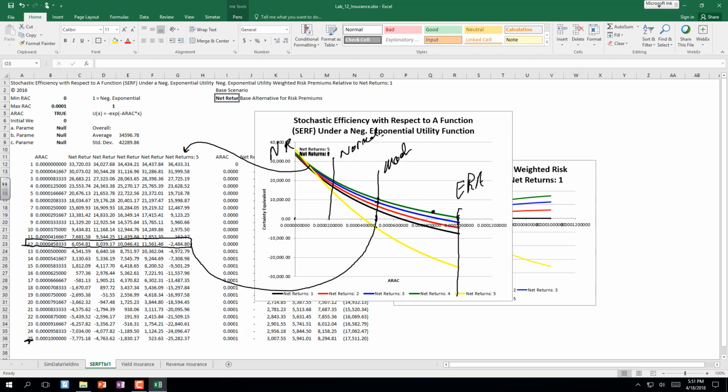Okay? So if I'm going to rank for a moderately risk-averse person, I should be able to look at this and say, this one is number 1, this one's number 2, that one's 3, that one's 4, and that's 5, based off these numbers in here. Right? Makes it a lot easier.